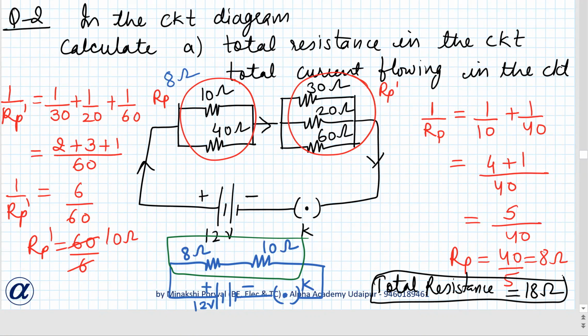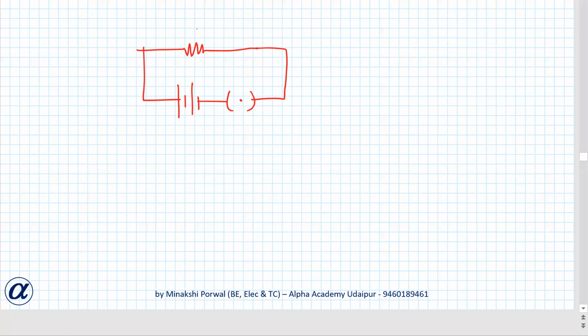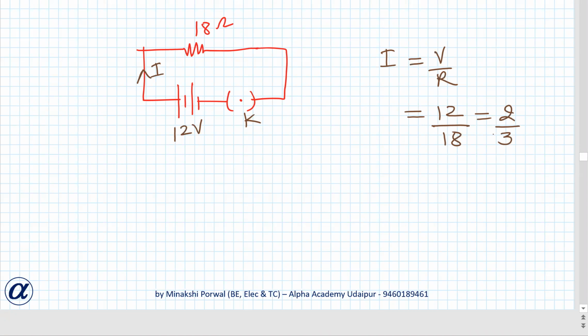Okay. Then total current, for total current I am redrawing the circuit actually. Okay. So 18 ohm, then a battery of 12 volt, and a key. अब करंट निकालना है तो I equals V by R. V है 12 वोल्ट, R है 18, तो 2 by 3. 2 by 3 equals 0.67 amperes.